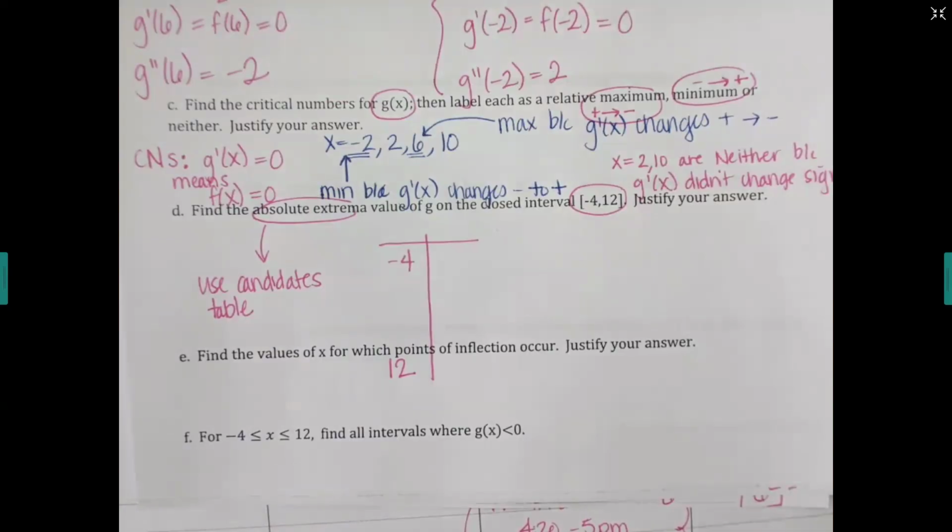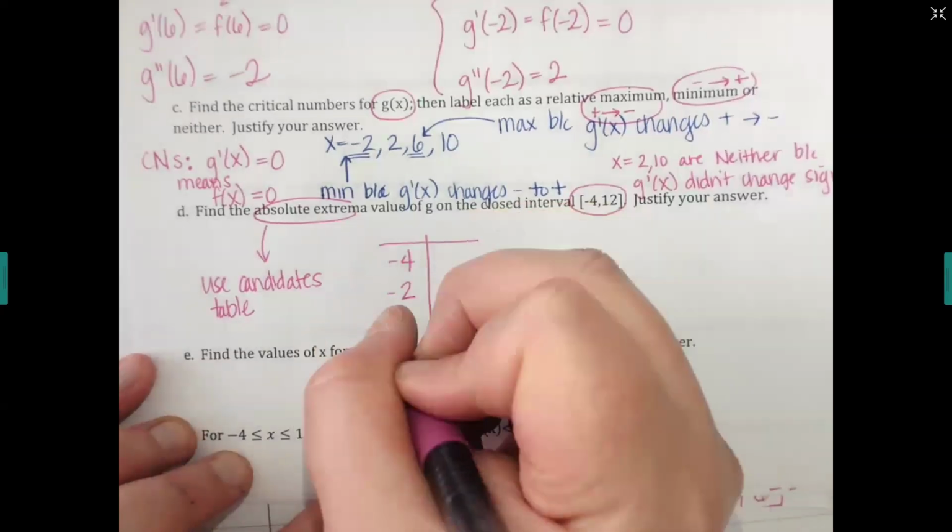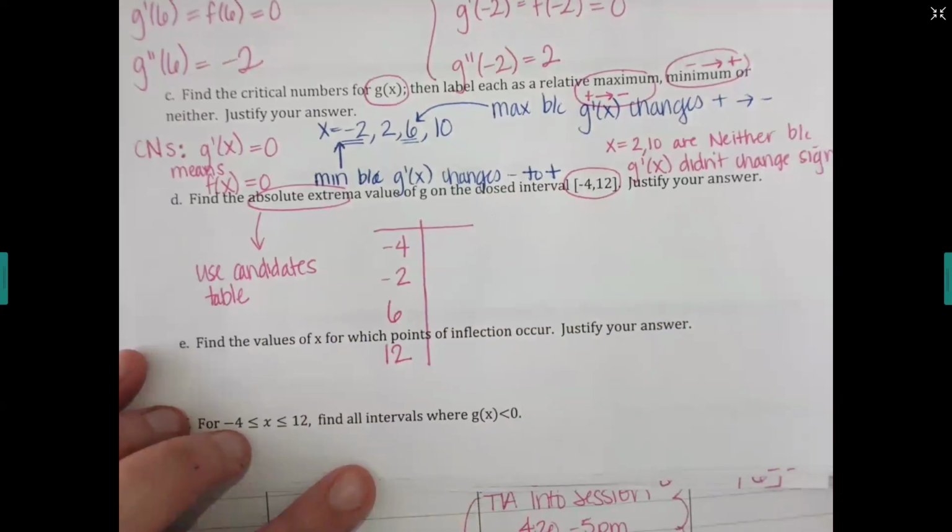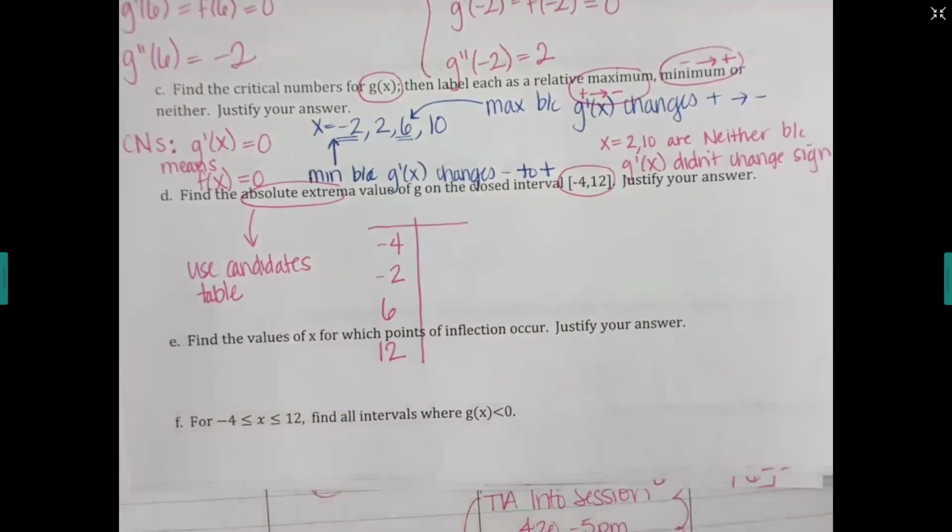So for example, the 2 and the 10, they are critical numbers, but because I know they're not a max or a min, I know they're not going to win. So I'm only going to really include the -2 and the 6. Okay, you could include 2 and 10, but they're not going to win, and it's kind of a waste of time on a timed test.